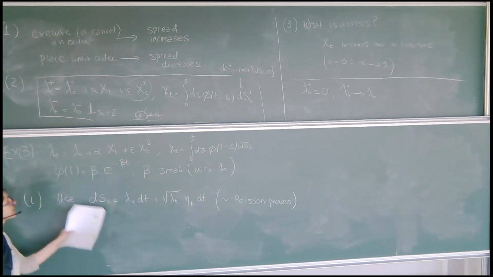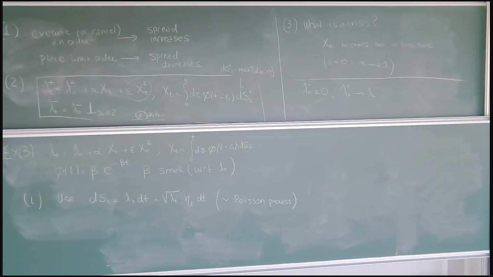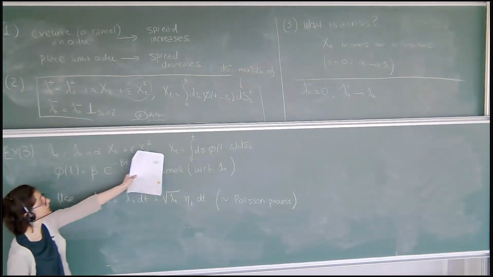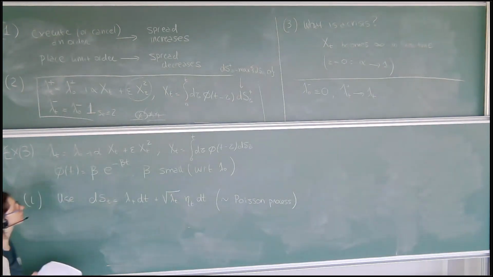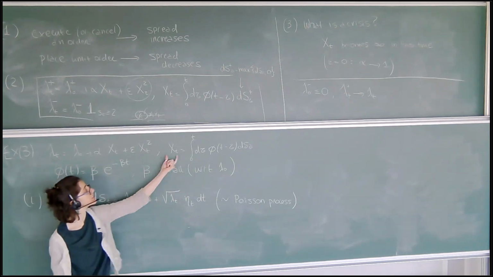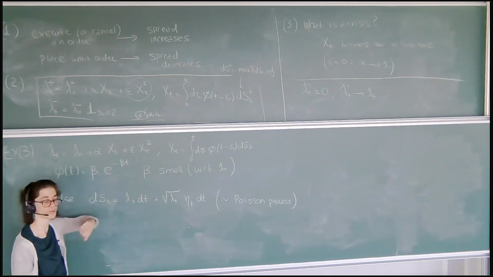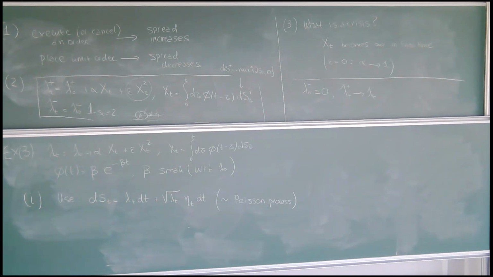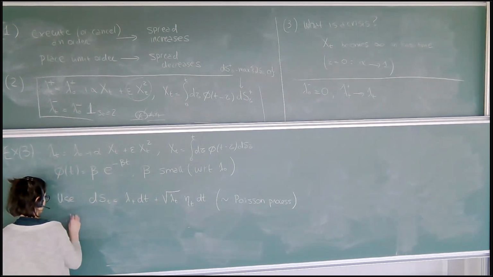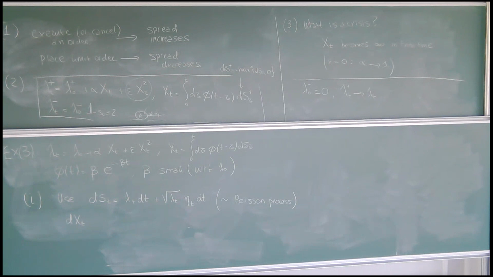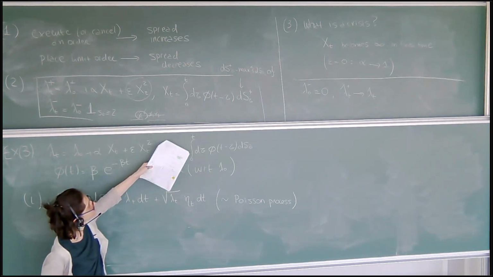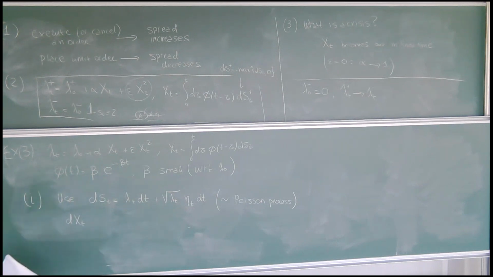Once we have this, we can try to compute an equation for the changes in time of our variable x(t). Remember that to characterize crisis, we want to check whether x can go to infinity. So let's look at the dynamics of x(t). Let me write the differential of x(t). To compute it, I have to take the derivative with respect to time.